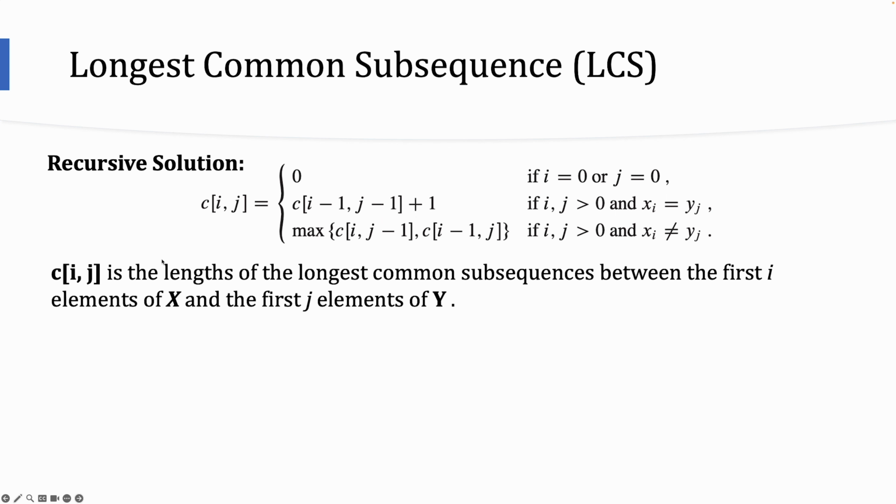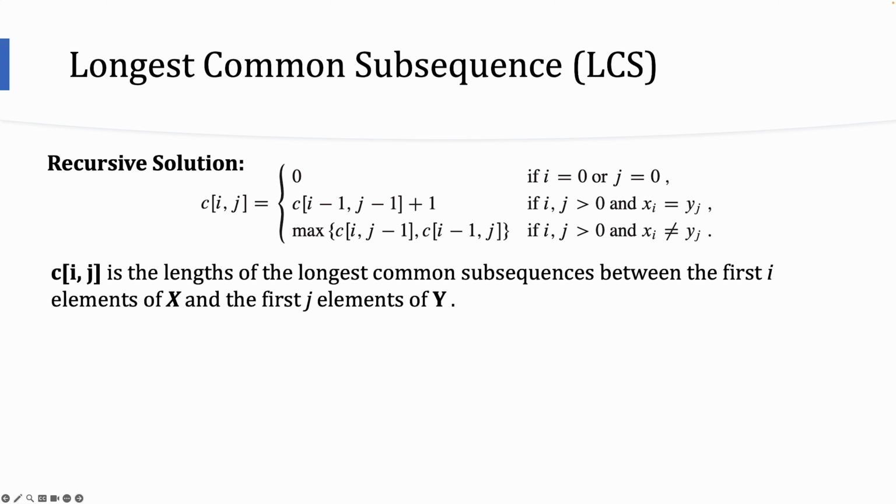So what I have here is, we want to compute all values of C_ij, which are the lengths of the longest common subsequence between the first i elements of X and the first j elements of Y. So we want to be clear here. When we say C_ij, that means the LCS for the first i elements of X and the first j elements of Y.